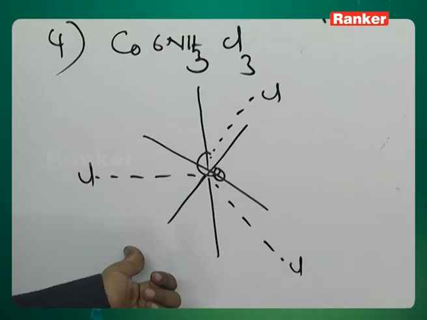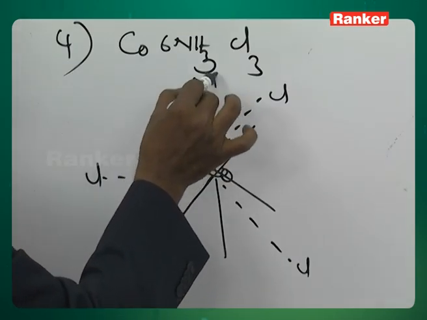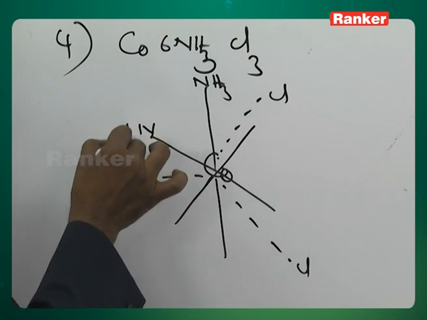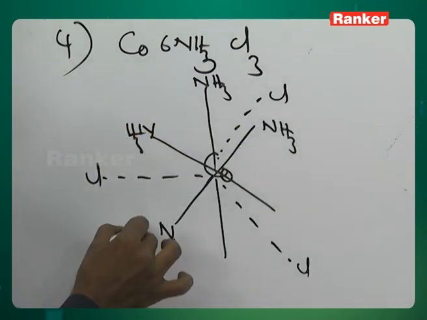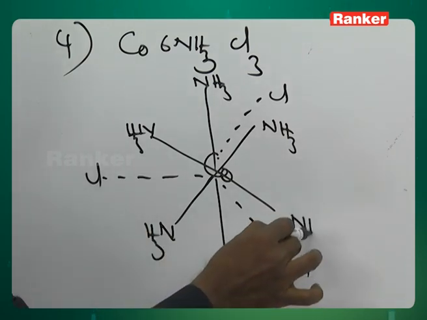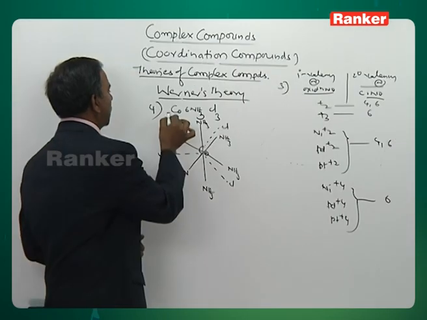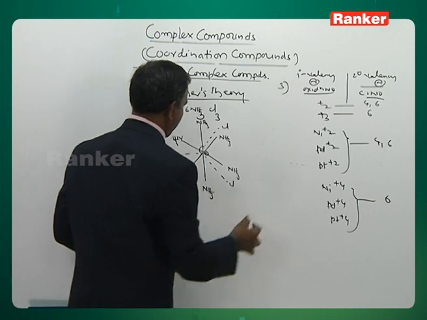These are primary valencies shown by dotted line. Secondary valencies you have to show by solid lines. These are representing the secondary valencies.